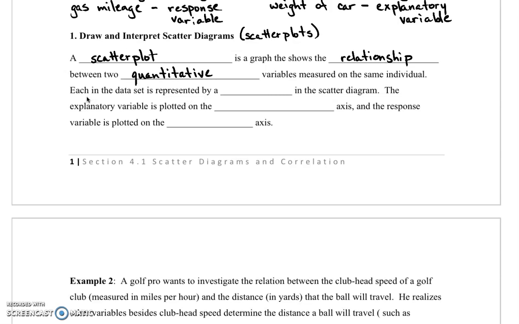Each individual in the data set is represented by a point in the scattergram. The explanatory variable is plotted on the horizontal axis, which we sometimes call the x-axis, and the response variable is plotted on the vertical axis, which we sometimes call the y-axis.